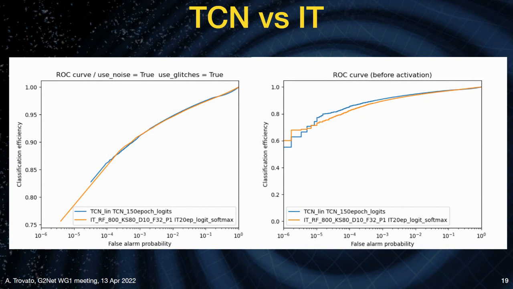Usually the plot has the efficiency on the y-axis and the false alarm on the x-axis. Sorry, you are right, there is a bit of complication in the names, but this is always the true positive rate on the y-axis and the false positive rate on the x-axis. Okay, thank you.